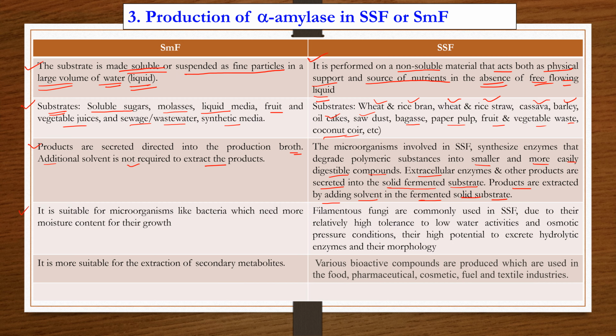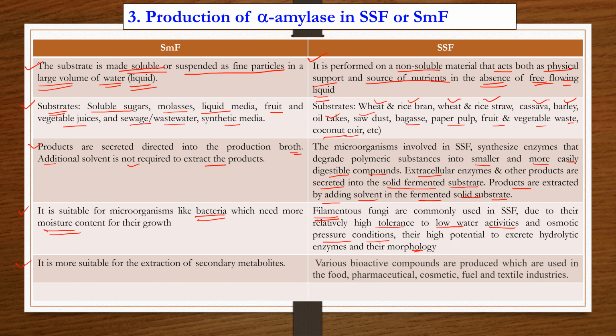SMF is suitable for microorganisms like bacteria, which need more moisture content for their growth. Whereas in SSF, filamentous fungi are commonly used due to their relatively high tolerance to low water activities and osmotic pressure conditions, their high potential to secrete hydrolytic enzymes, and their morphology.